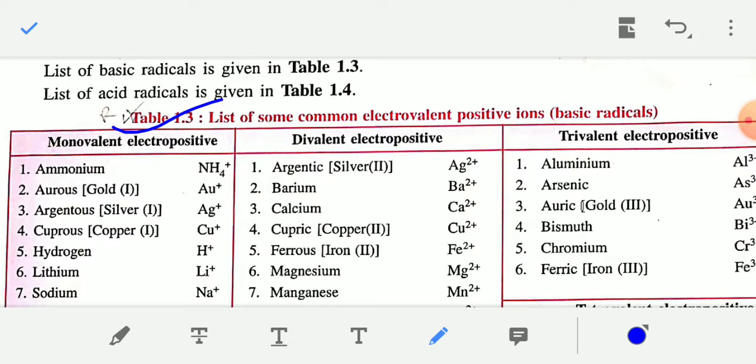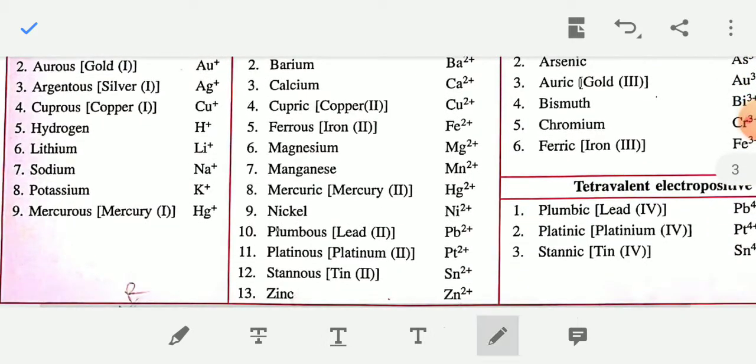Basic radicals, as I have already told, are also called electrovalent positive ions, that is, cations. There are many types: monovalent basic radical or monovalent electropositive radical, divalent electropositive radical, trivalent electropositive radical, and tetravalent electropositive radical.